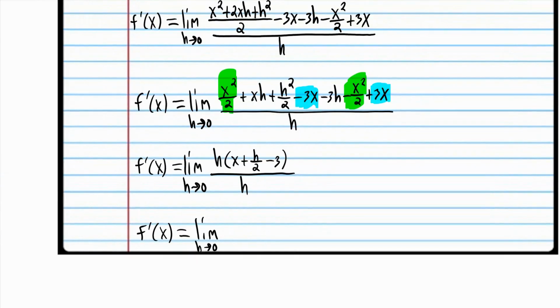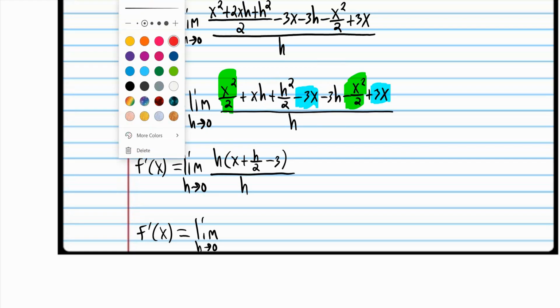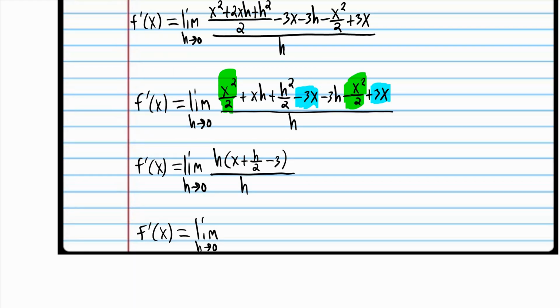So I factored out an h from all these purple terms that were left over after we canceled the green and the blue terms. And the h's cancel out, so we're left with x plus h over 2 minus 3.